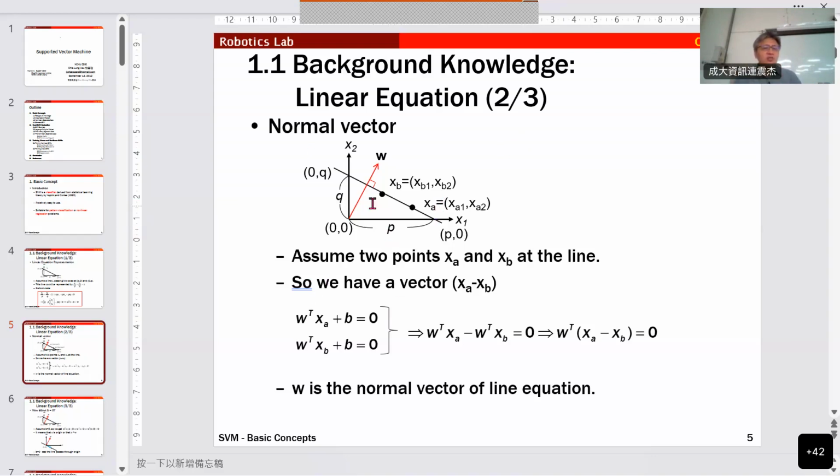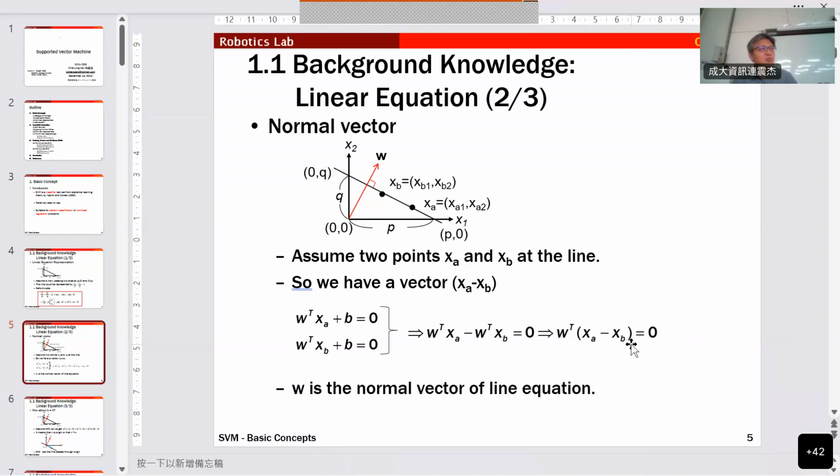Suppose on this L we have two points, XA and XB. Any point on this L input to the equation will become 0. So XA input becomes 0, and XB input becomes 0. If we subtract both terms, the constant is gone. What is the meaning of this?